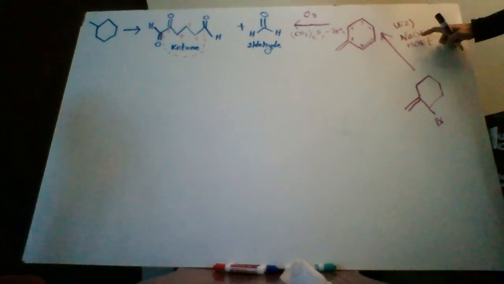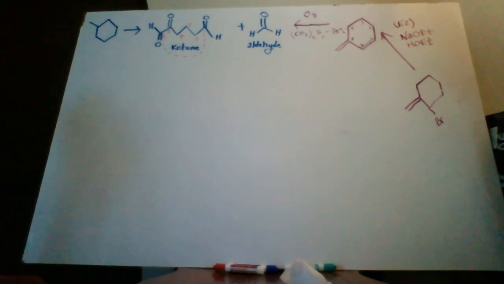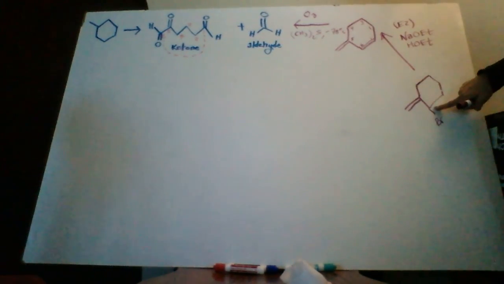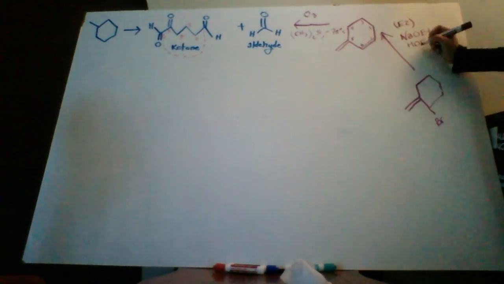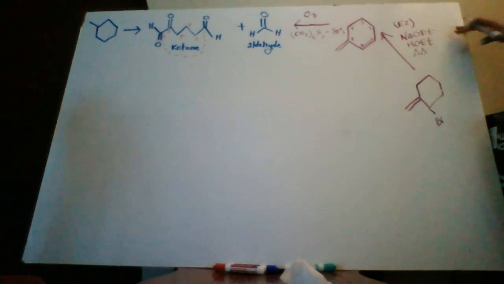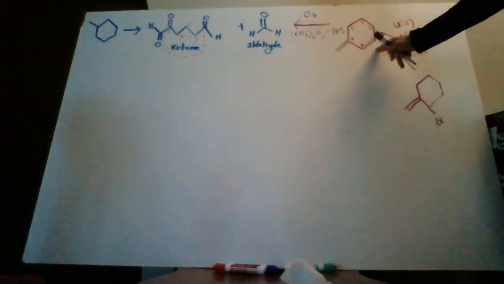This is a strong base, but it's also a strong nucleophile. So just to make sure that I'm doing an elimination and not a substitution, which is possible here because I have a secondary halogen, I'm going to add lots of heat to make entropy prefer elimination.